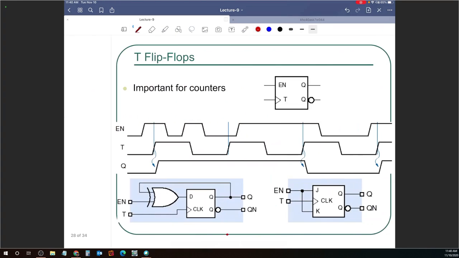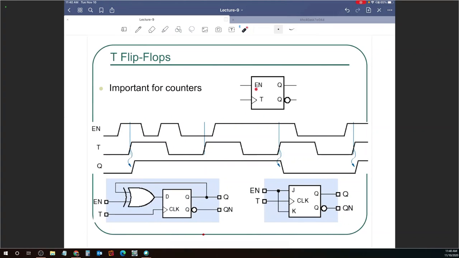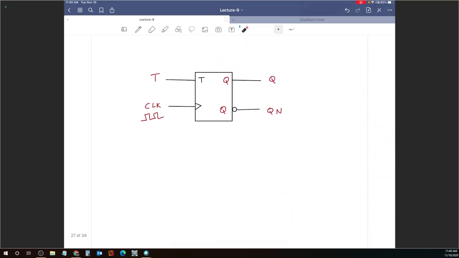However, what you can do is include another input, enable, and you can actually treat the T input as the clock input. So we don't have clock here, we just have enable and we have T instead of T and clock.